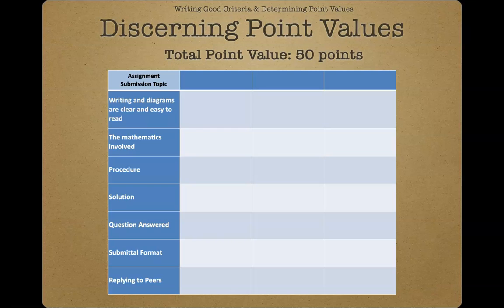Now, within my rubric, I need to look for the item that shows the most demonstration of learning for this particular assignment. And by far, way out in front, the main thing that shows their learning is the mathematics involved in their writing. And so the second item there in the rubric, the mathematics involved, is absolutely the most important thing here.